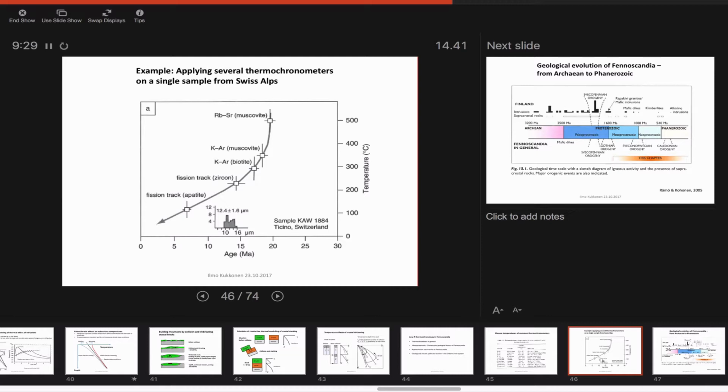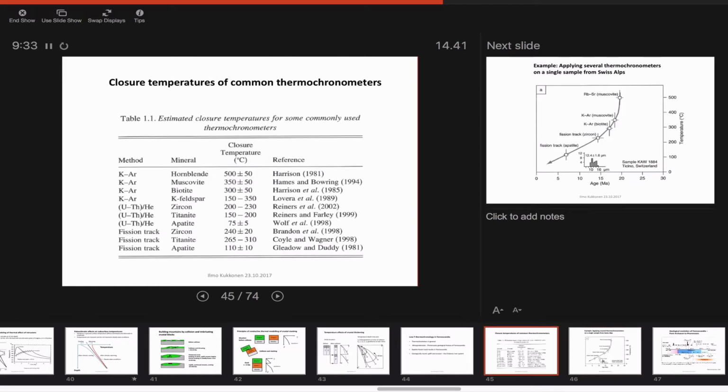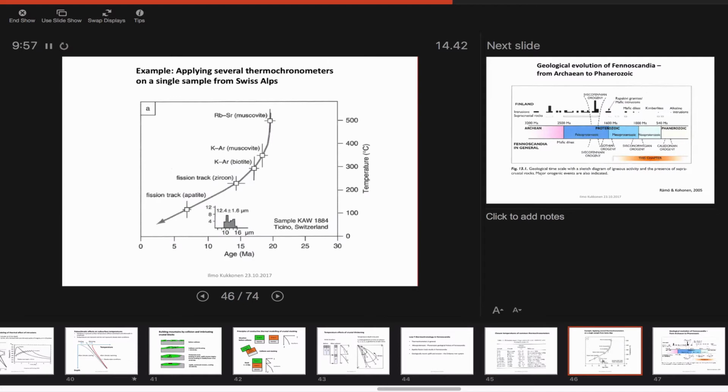As the table shows, they correspond to different temperatures: the fission tracks from zircon correspond to something like 240 degrees, and apatite something like 110. And depending on which minerals we do potassium-argon, hornblende or micas, and which micas, you get a different thermochronological temperature estimation and time.